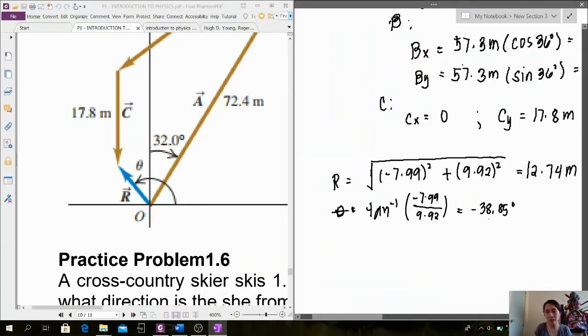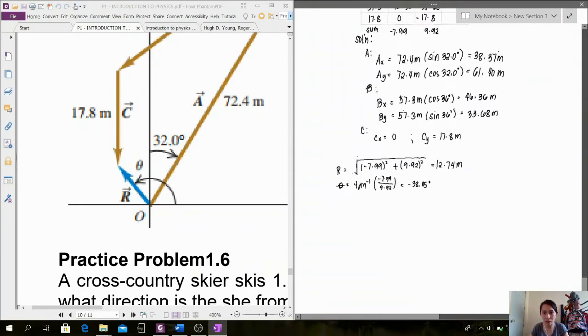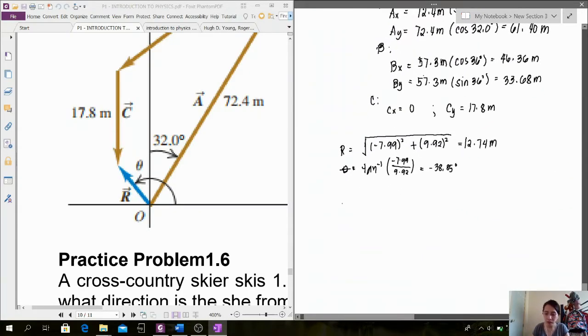So we arrive at the answer, 38.85 degrees. The negative sign just indicates the direction. So the resultant vector R is equal to 12.74 meters, 38.85 degrees west of north.